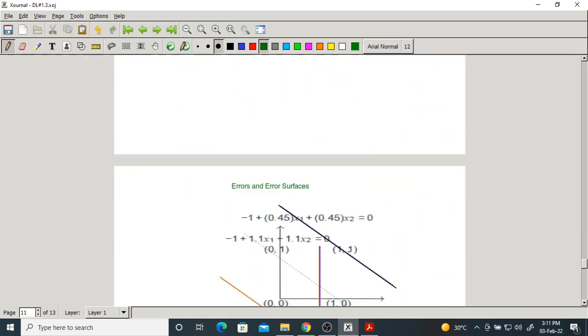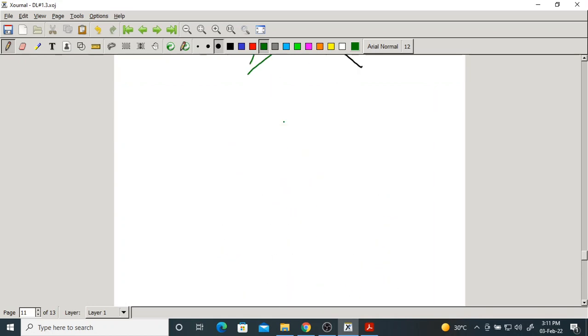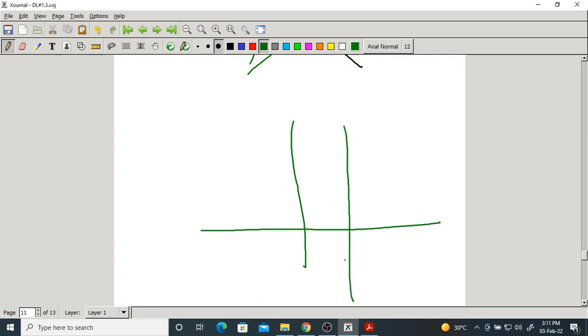Where is that line? It is a vertical line. 1.5 x1 equal to 1, x1 equal to 2 by 3. Again, what is the problem with this line? The line is a vertical line somewhere here. Where are the inputs?